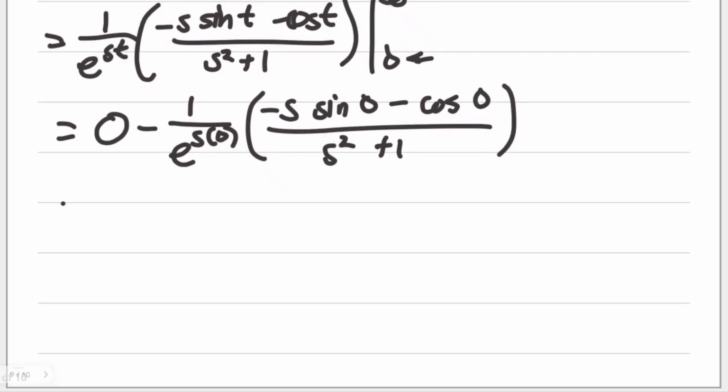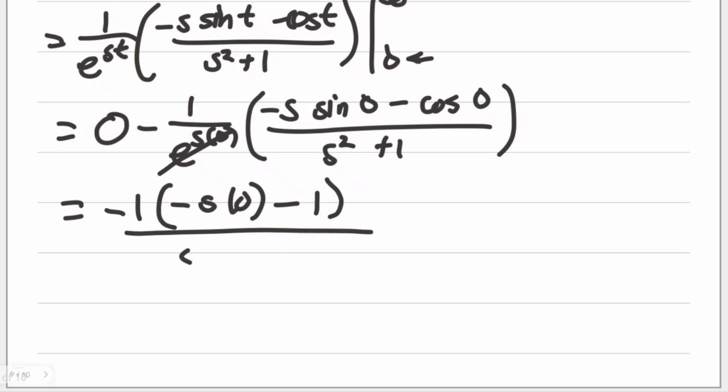This becomes negative 1 over 1, as e to the 0 is just 1, so we can write negative 1 times the quantity: negative s sine of 0 is just equal to 0, minus cosine of 0, which is 1, all over s squared plus 1.